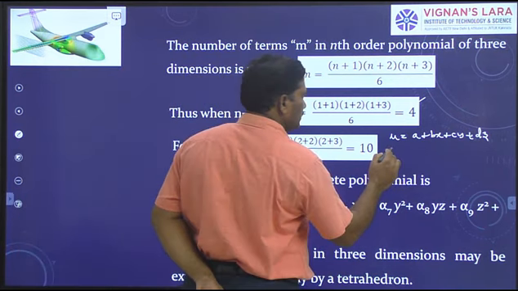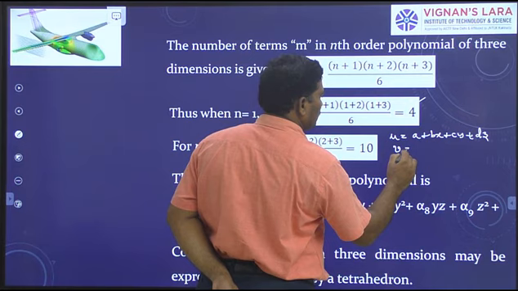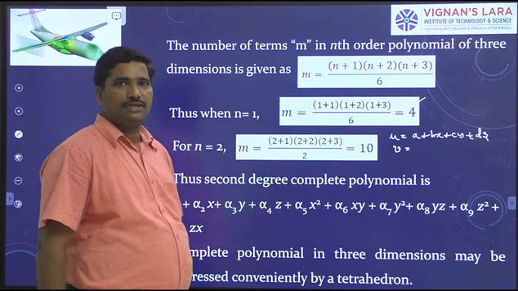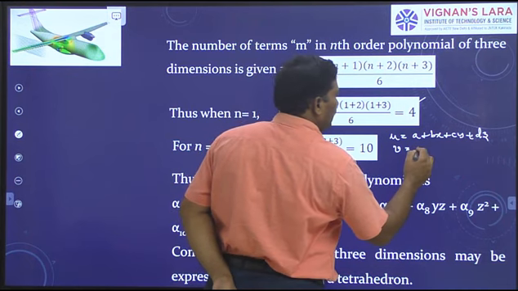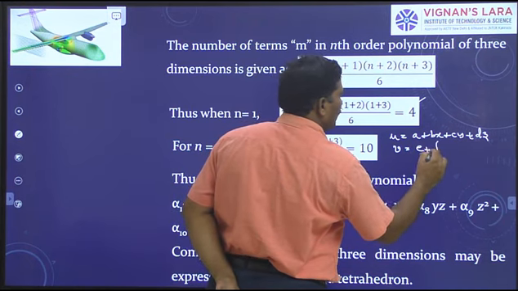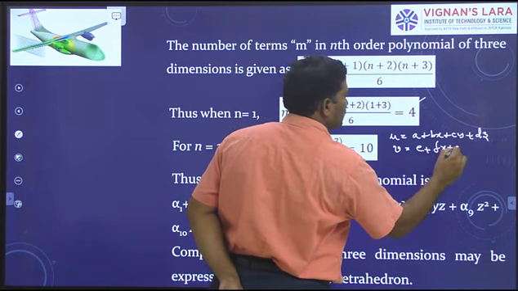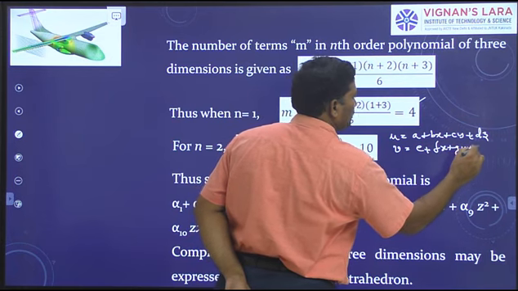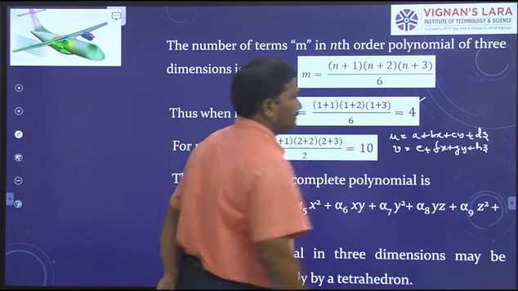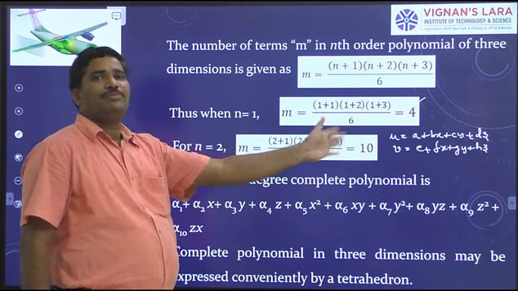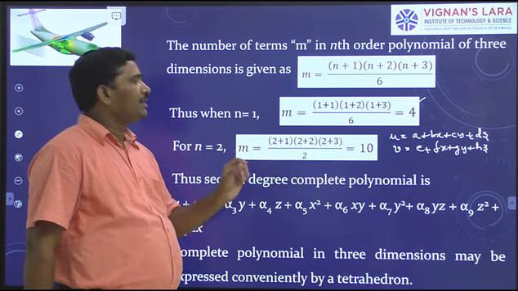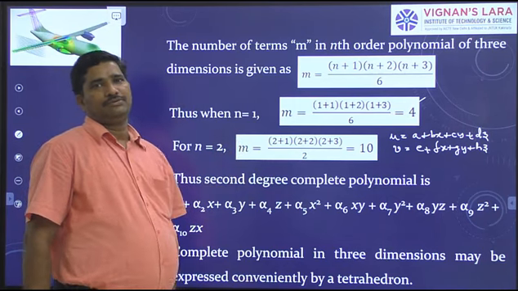Similarly, v equals E plus Fx plus Gy plus Hz. You can write like this. Similarly, for w you can write. In each polynomial, 4 terms will enter.